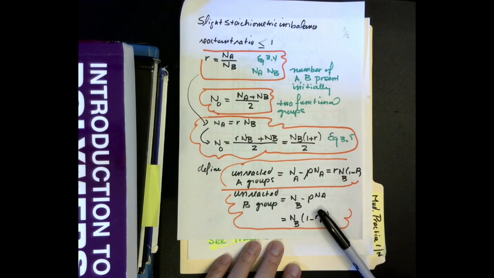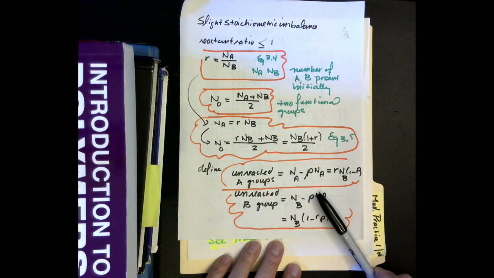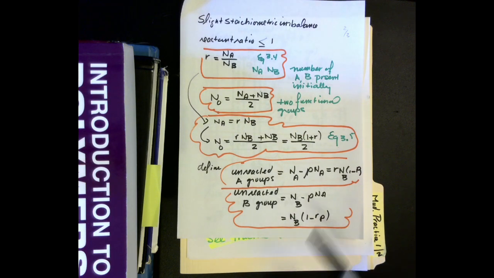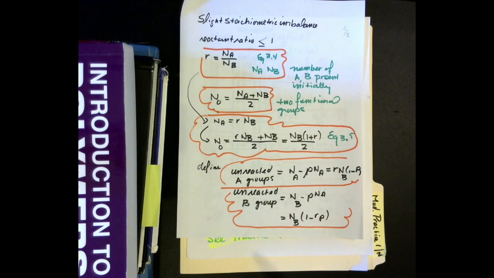For unreacted group B, it would be Nb minus p Na, so they are related to each other. So Nb becomes Nb (1 minus rp). We're going to use this in a second. So we have the unreacted A and unreacted B.